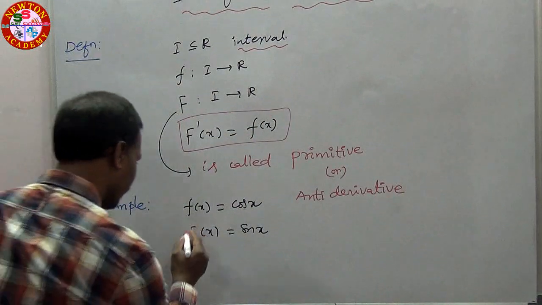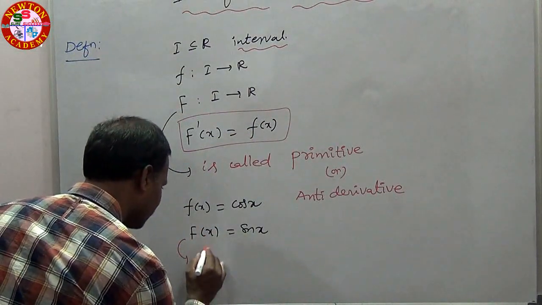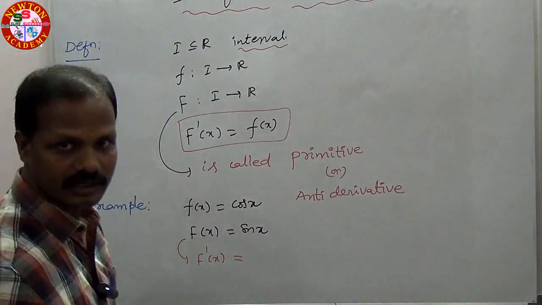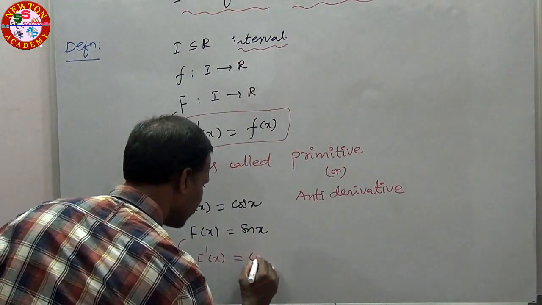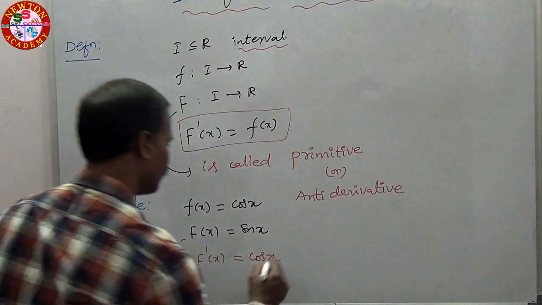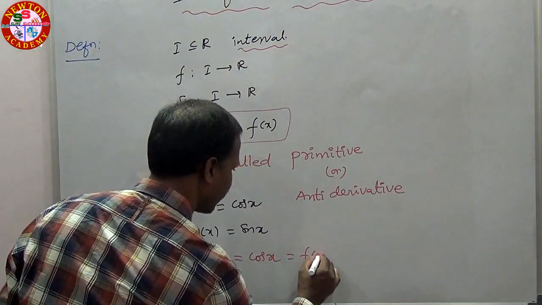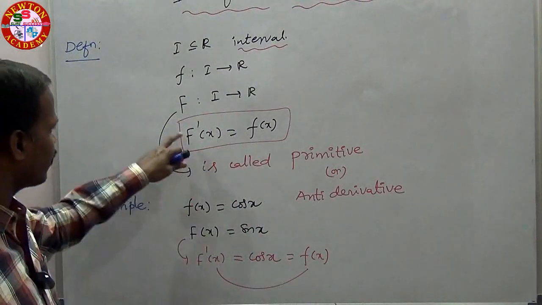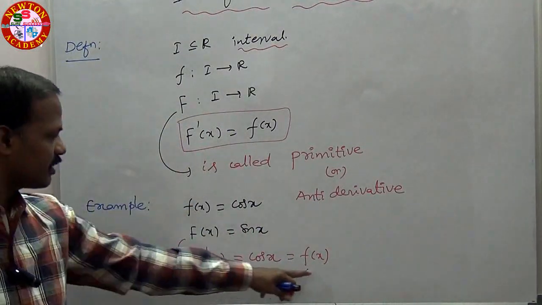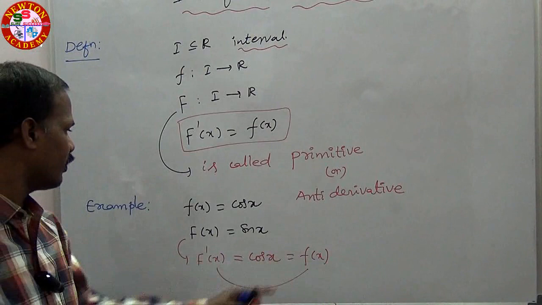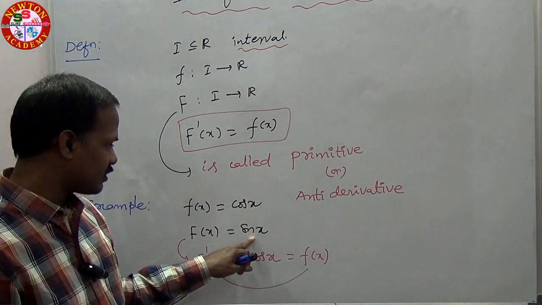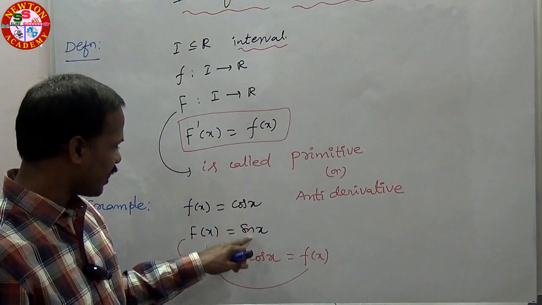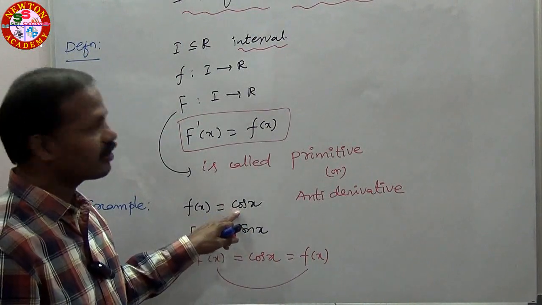Here, what is F dash x? It is the derivative of sin x, which is cos x, which is nothing but small f of x. So this condition is satisfied. Therefore, this sin x is called a primitive of cos x.